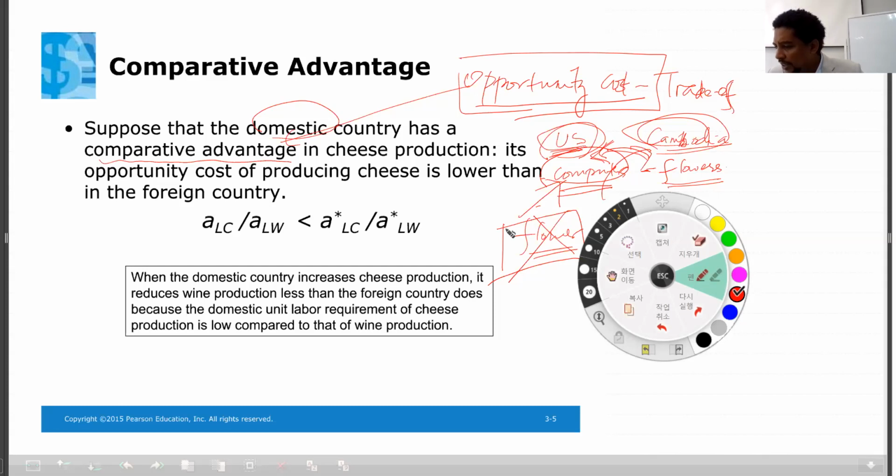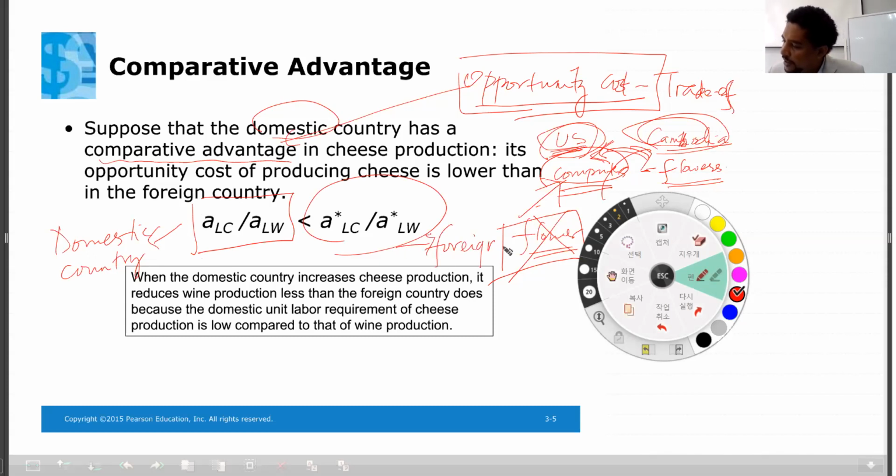So this implies domestic, okay, domestic country, and this is for foreign country. Okay, so the asterisk here is used to show this is for a foreign country.